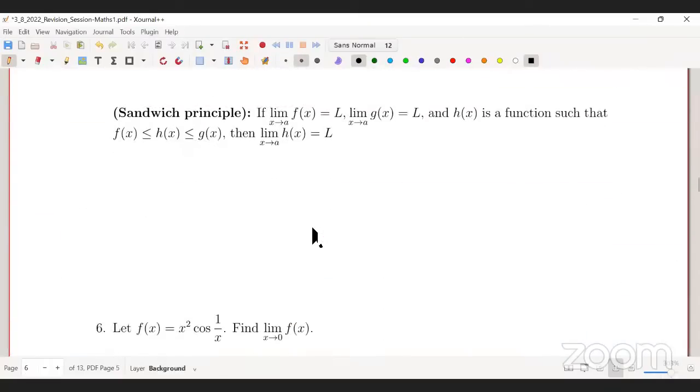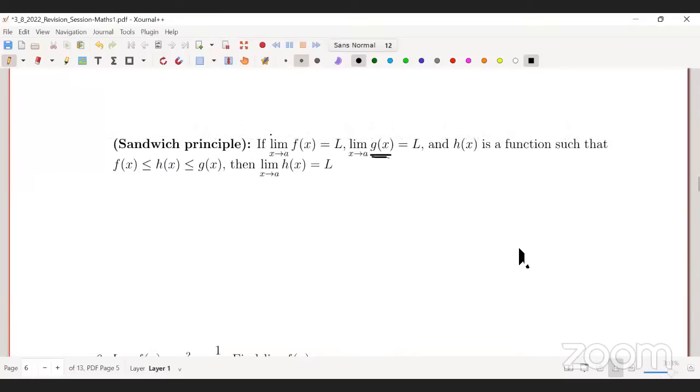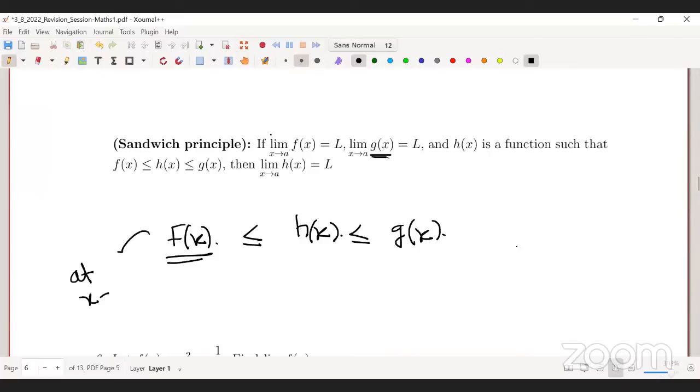Suppose you have a function f of x, and you know the limit of the function at x equal to a is L. Similarly you have another function g of x, and the limit of this function at x equal to a is also L. You have one more function h of x, which is sandwiched in between f of x and g of x.